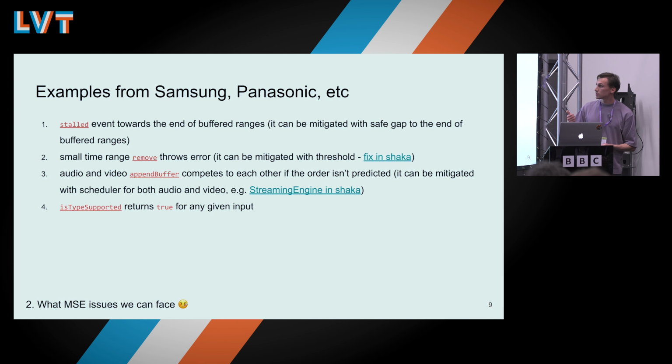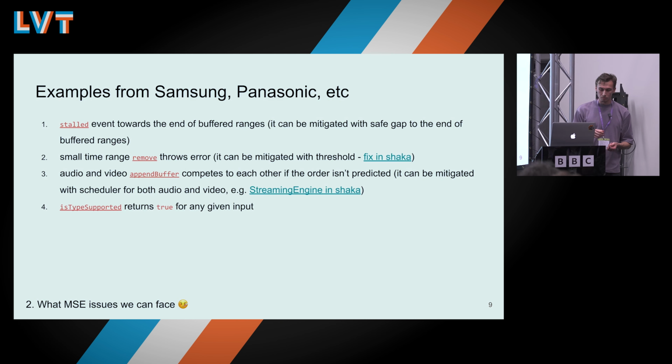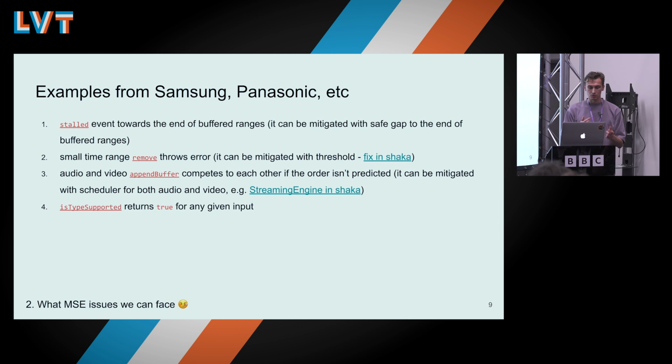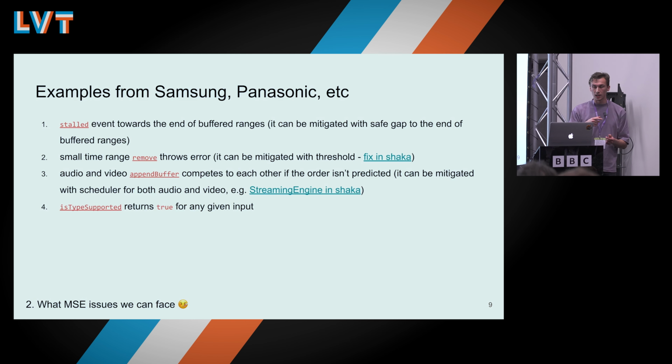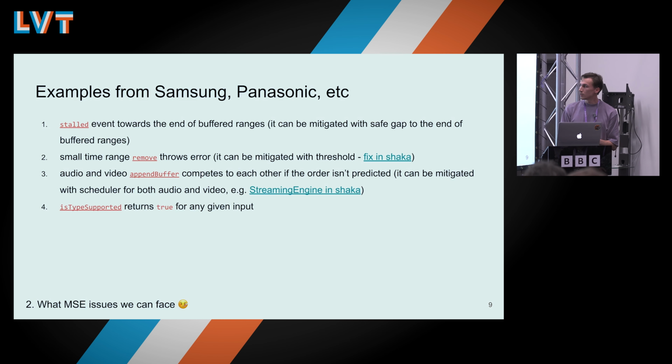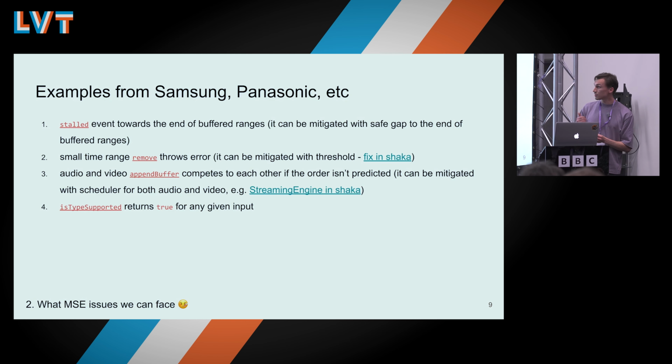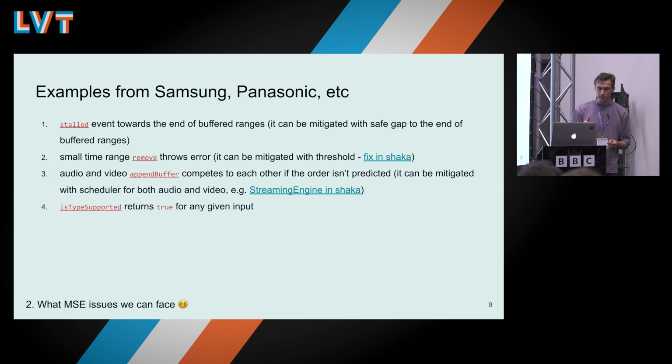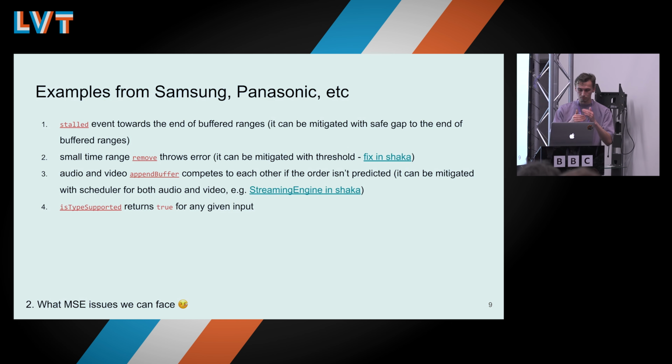Or sometimes audio and video can compete with each other, so the buffer of one type can go ahead of another. In this case, you can mitigate it if you introduce a scheduler and put the operations in the right order.